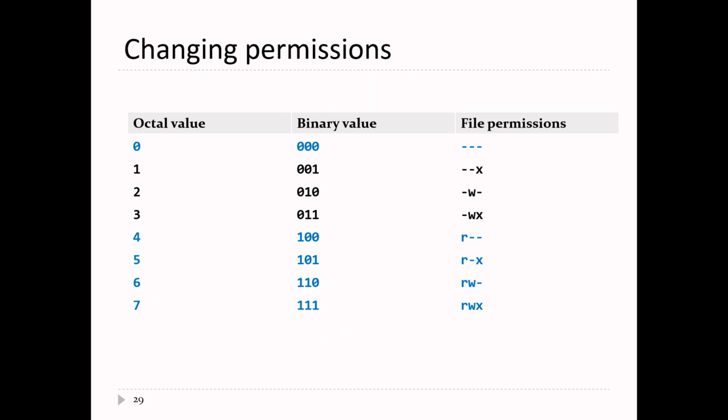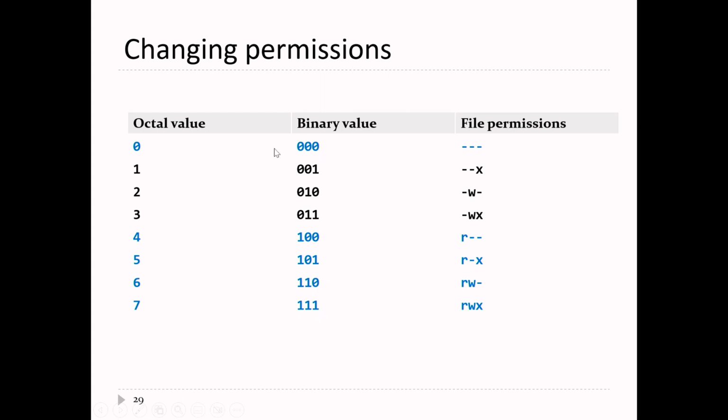So if you can remember how the octal values map to their corresponding binary values, then you can easily figure out what these mean as far as the permissions go. Anywhere there's a 0, it means you do not have that permission. And anywhere there's a 1, it means you do have that permission, in the order read, write, execute.